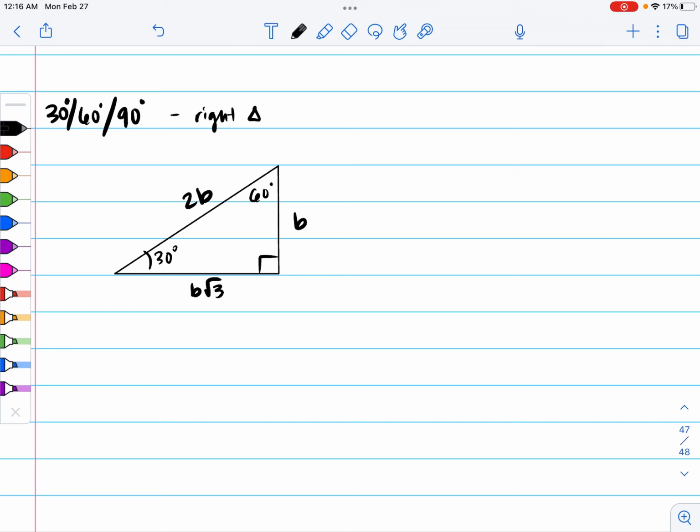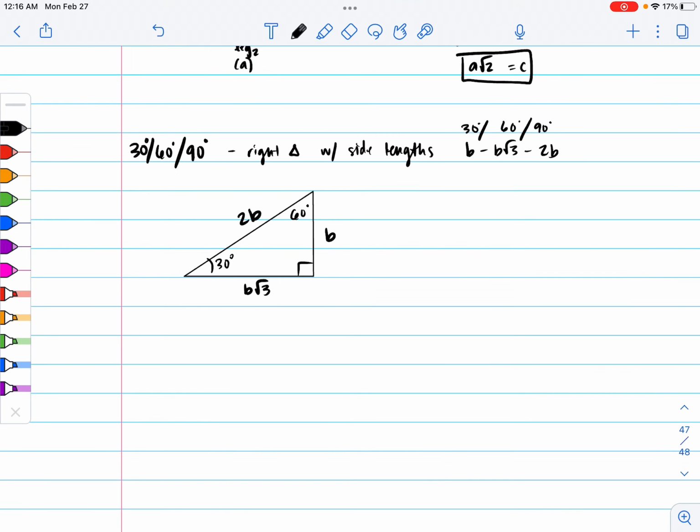It is a right triangle with side lengths B, B root 3, and 2B for 30, 60, and 90.